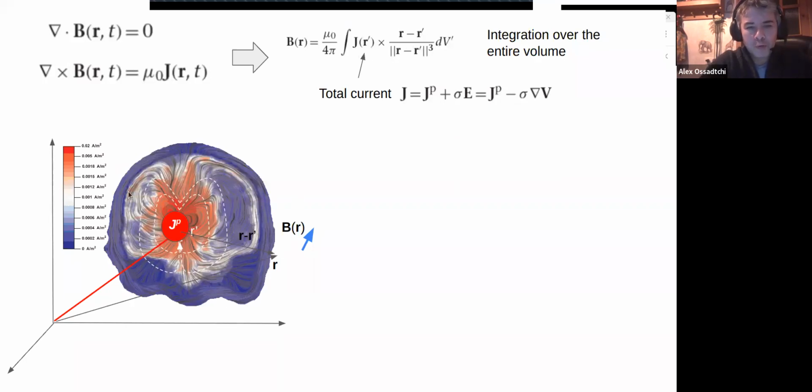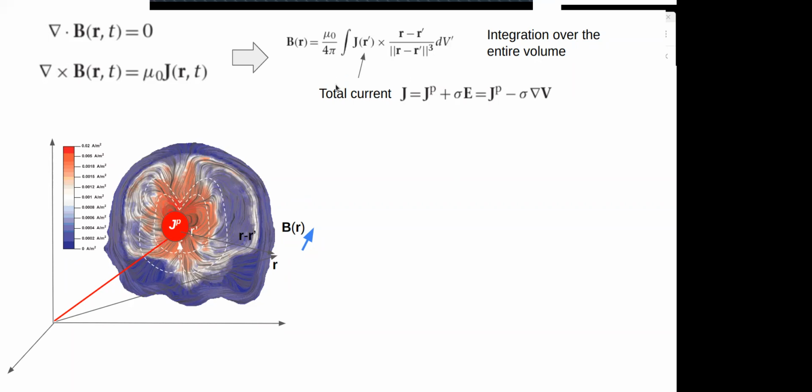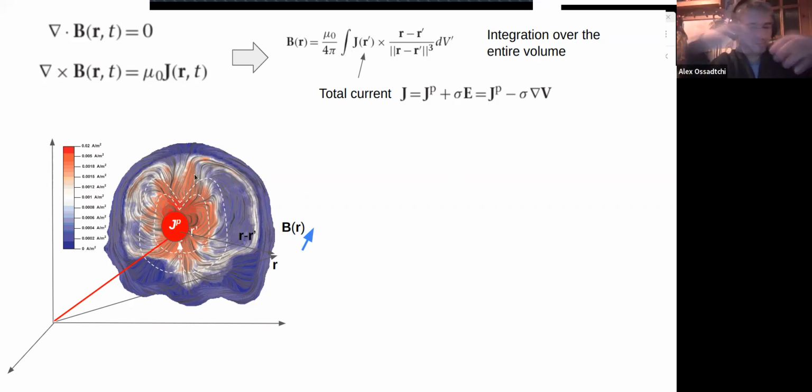We have to integrate over the entire place where the currents are flowing, over the entire head volume, in our case. You can put the borders, approximate the head, for instance, with a sphere and define this integration, or you make this fully numerical and integrate.